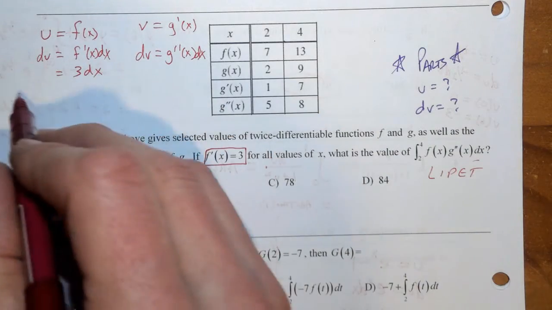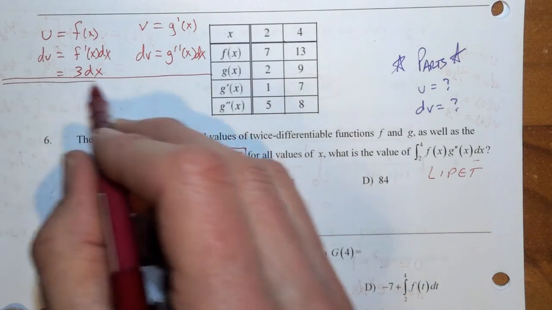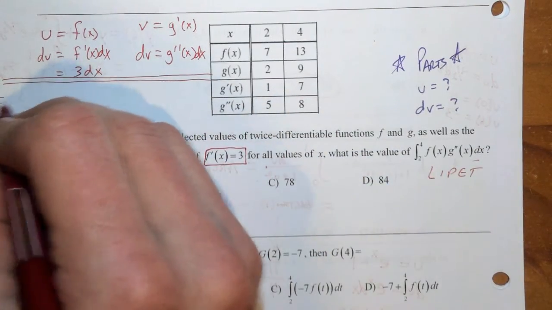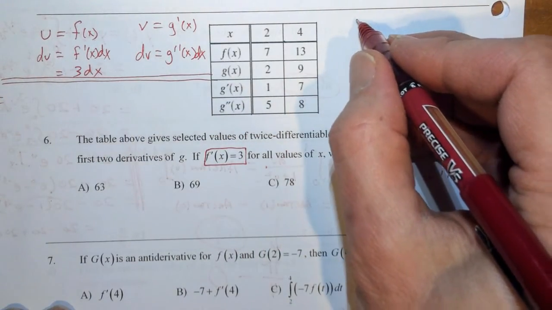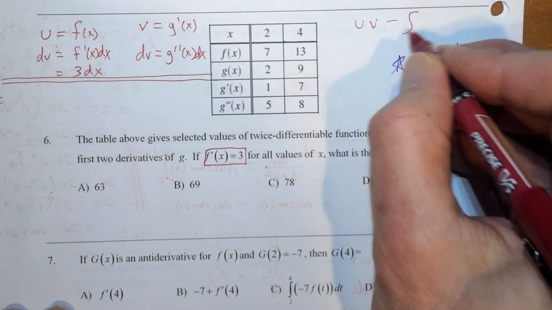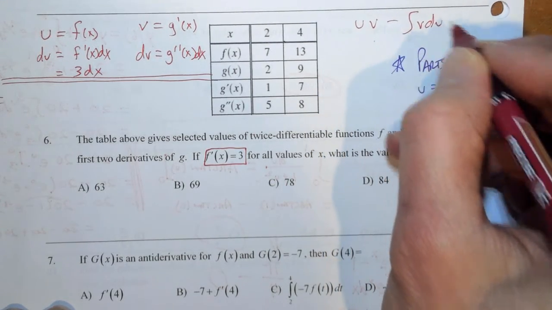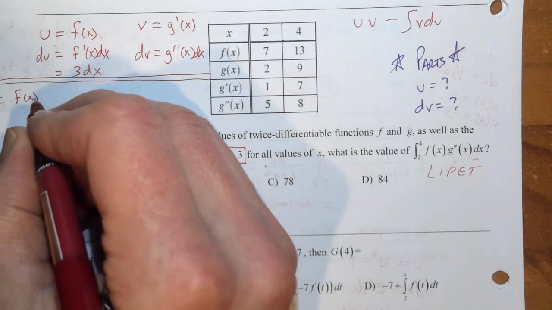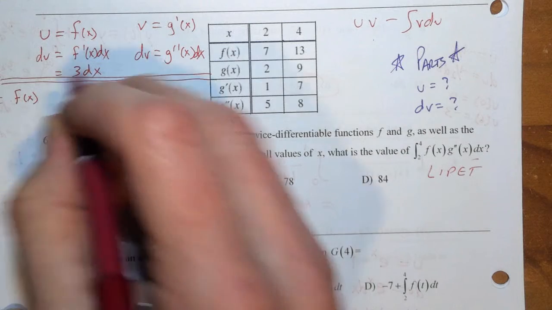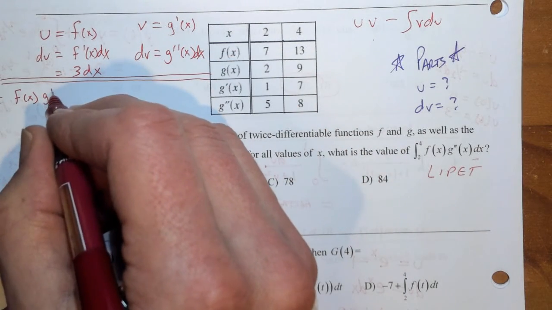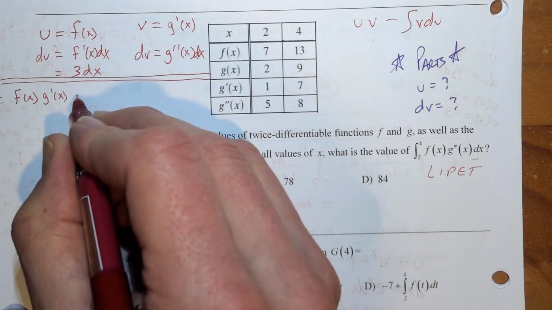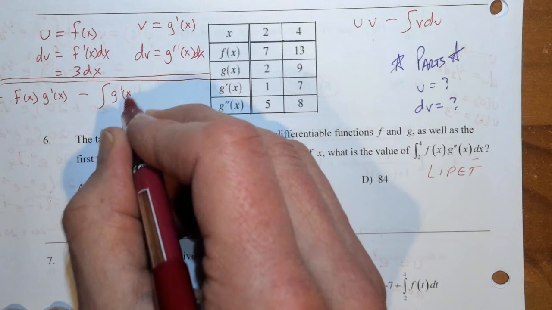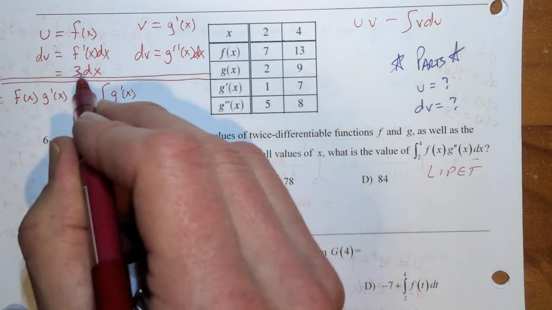All right, so now if we put all of this into play here, we know that this antiderivative will be equal to, again, uv minus the antiderivative of v du. So we're going to have f of x times g prime of x, that's our uv, minus the antiderivative of v du, and du is 3 dx.